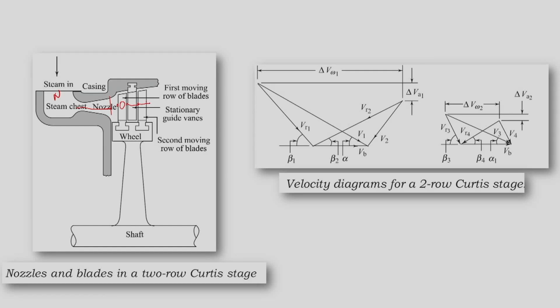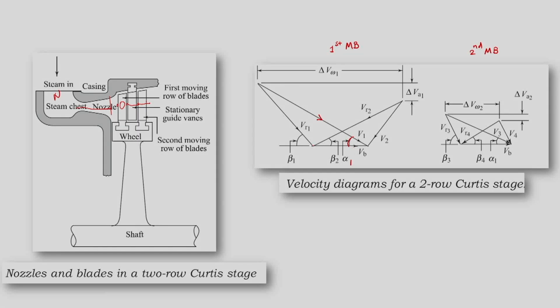If we see the velocity diagram, this is the first set of moving blades and this is the second set of moving blades. For the first set of moving blades, this is the absolute velocity, very large in magnitude at the entry, and this absolute velocity has angle alpha 1.